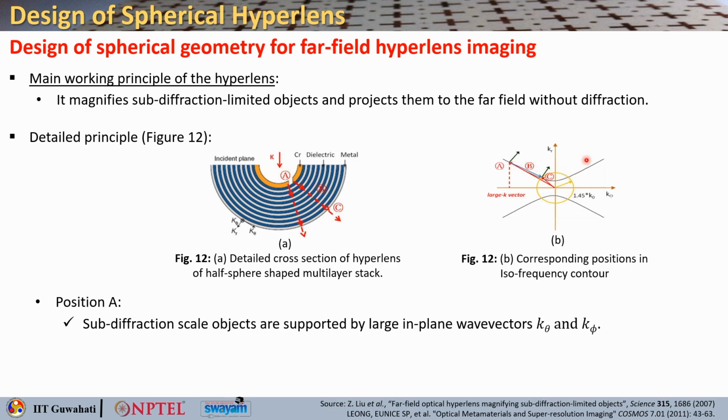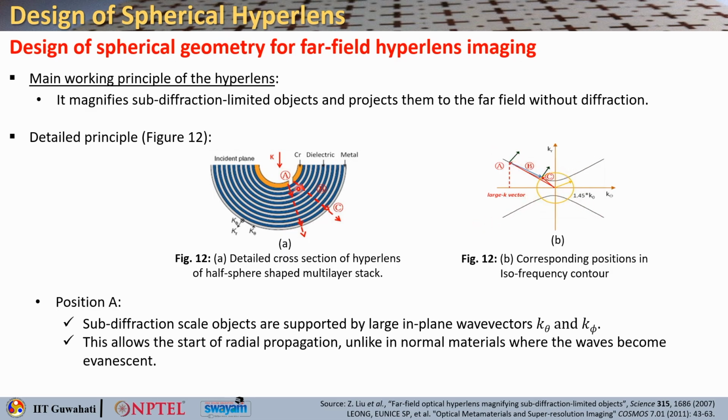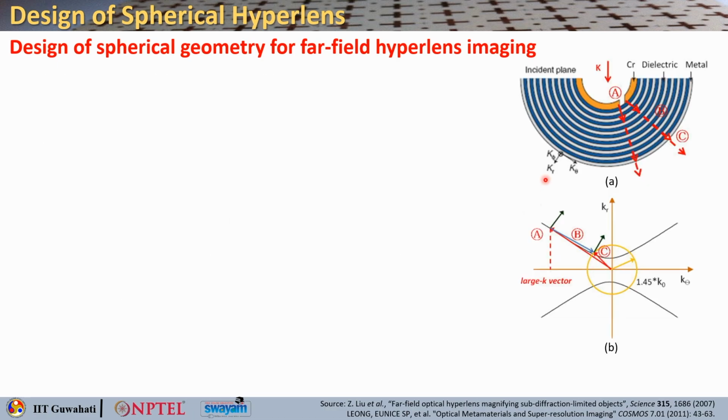This is the hyperbolic metamaterial contour, and then you are allowing this radial propagation to start. Because this hyperbolic metamaterial supports large wave vectors, evanescent waves can propagate. They are propagating and coming to a position B, which is here.